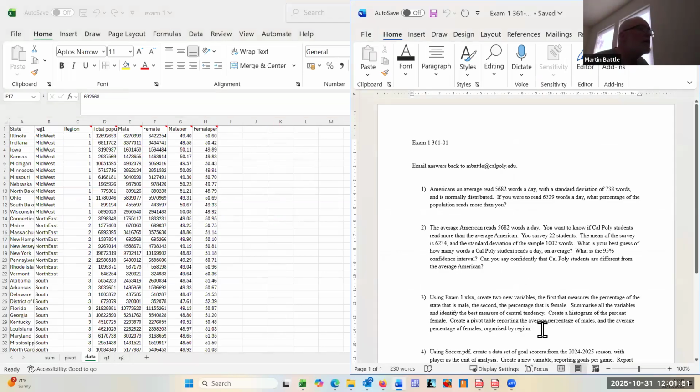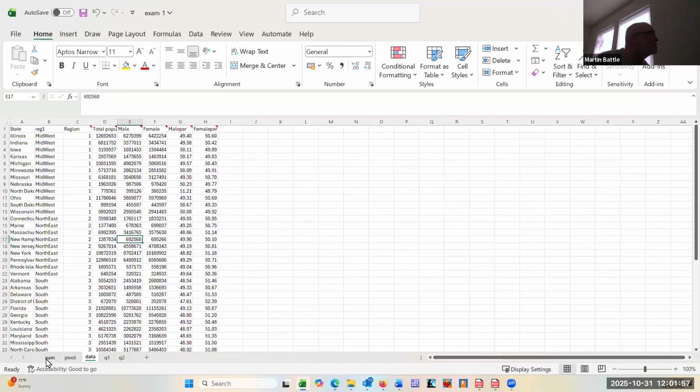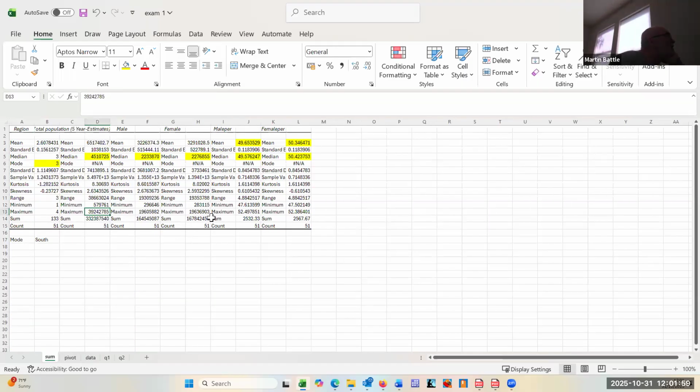Last thing I've got to do is create a histogram of percent female. That's easy. So let me go and look at the summary statistics. Percent female goes between 47.5 and 52.5.